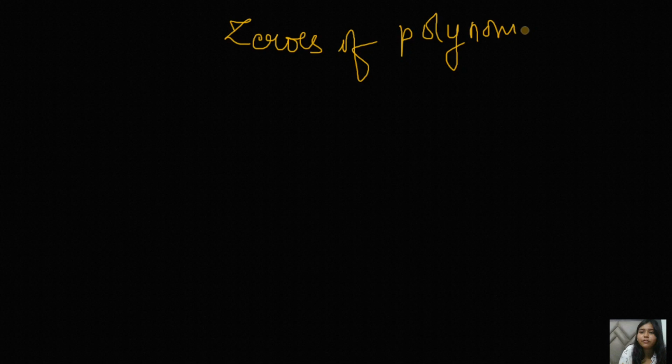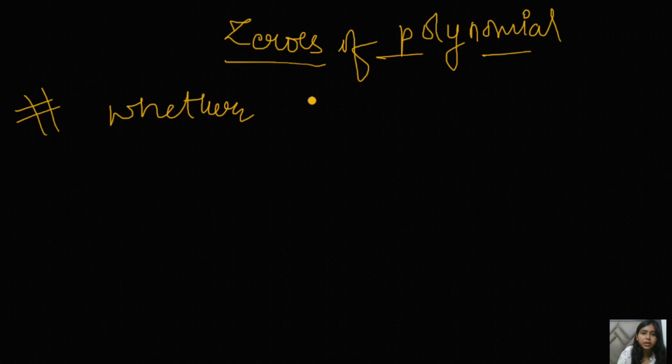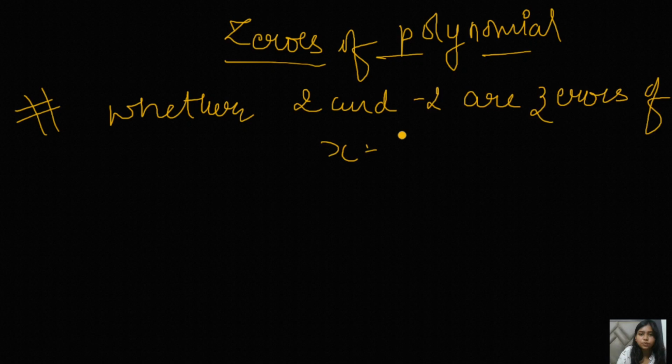Here is a question: we have to find out whether 2 and minus 2 are zeros of x plus 2. What we have to do here is put 2 in the equation and find out the value. If the value is 0, then it is the zero of the polynomial.